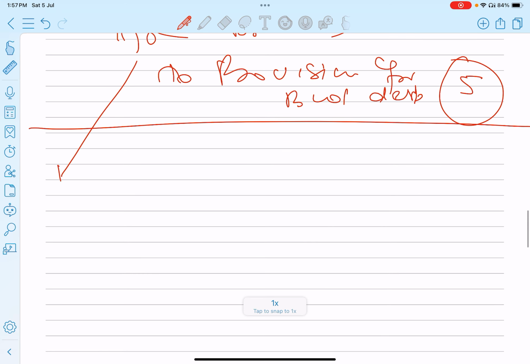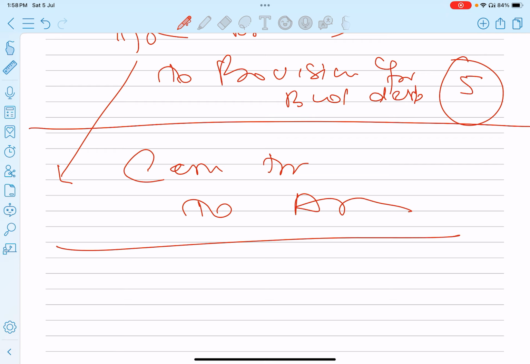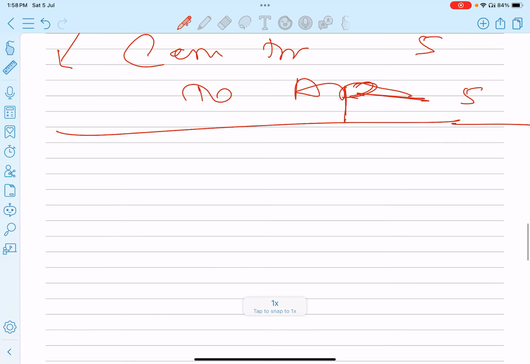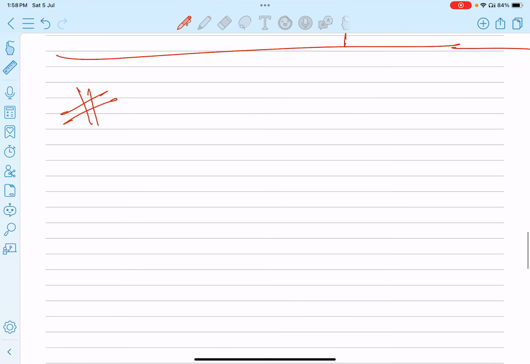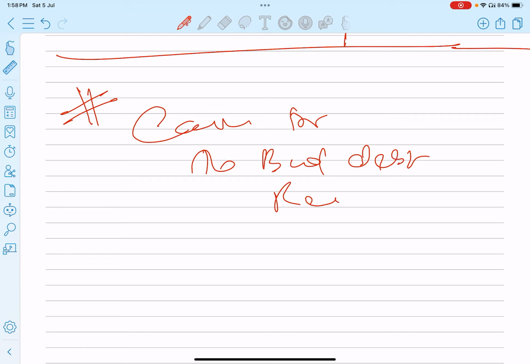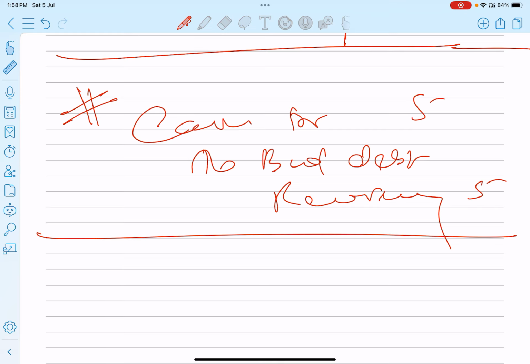Then you record the recovery: cash debit to AR. Done. This is a recovery of bad debts. There is another way also: you can write cash debit to bad debt recovery. You can write like this.